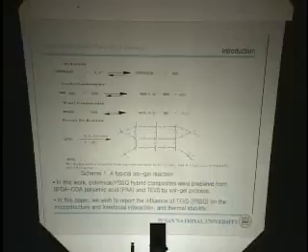For this sol-gel reaction, we need these components: water, solvent, and an acid or basic medium. M represents network forming elements such as silicon, titanium, zirconium, or other materials, and R is the alkyl group with this formula.